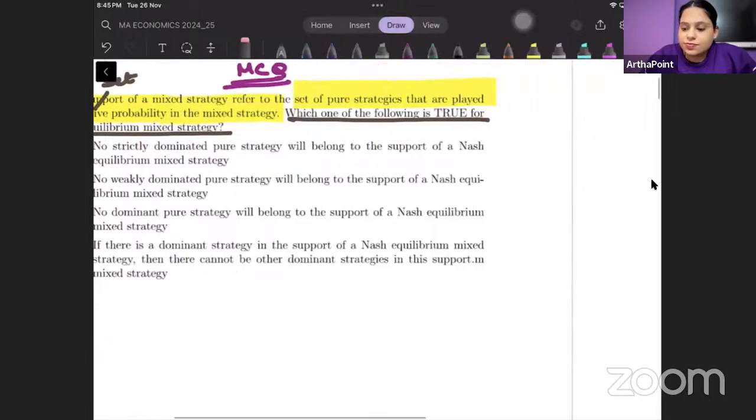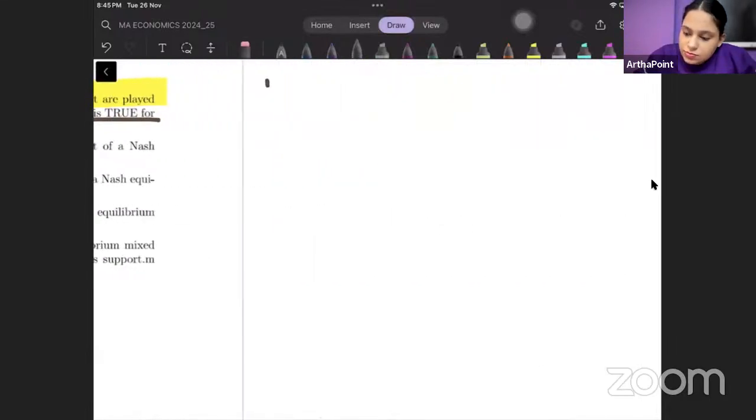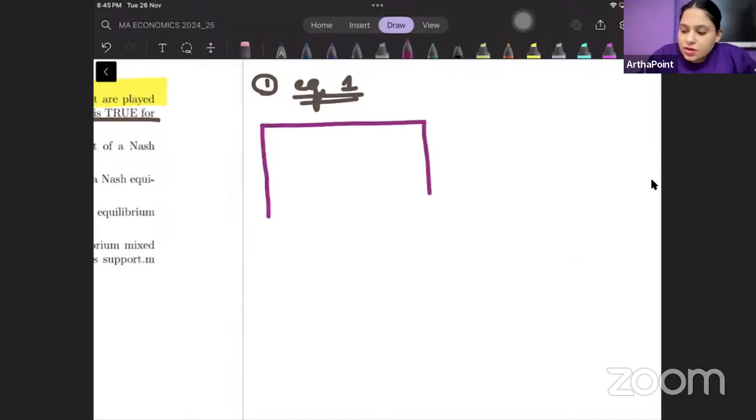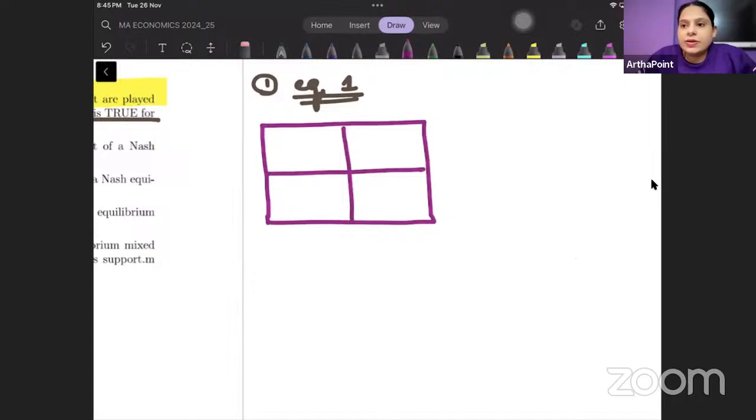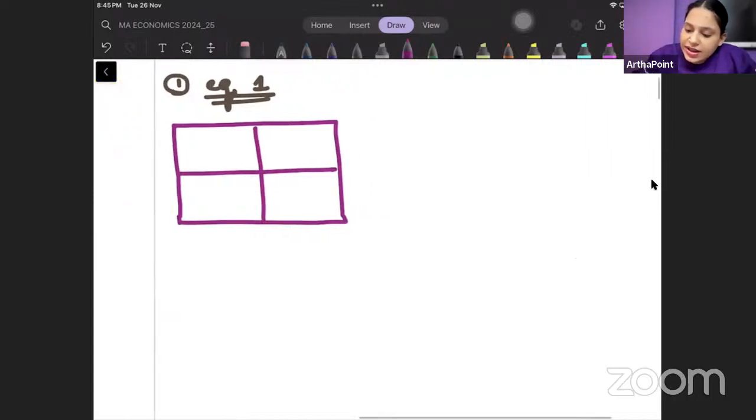Look at the first example. I have this example where I have a prisoner's dilemma, right? And suppose I take these payoffs.